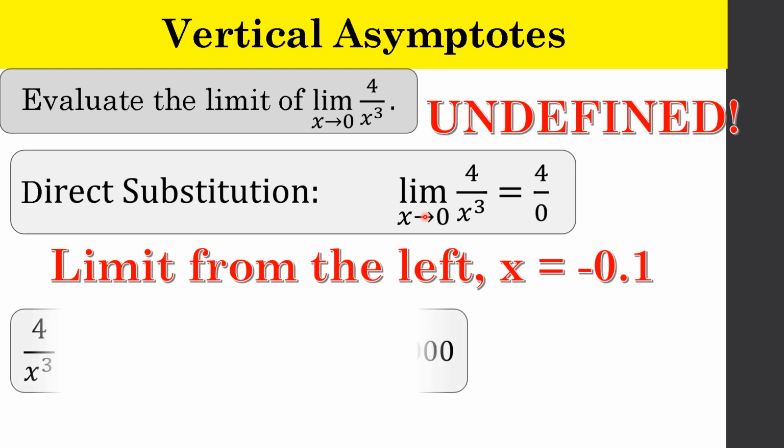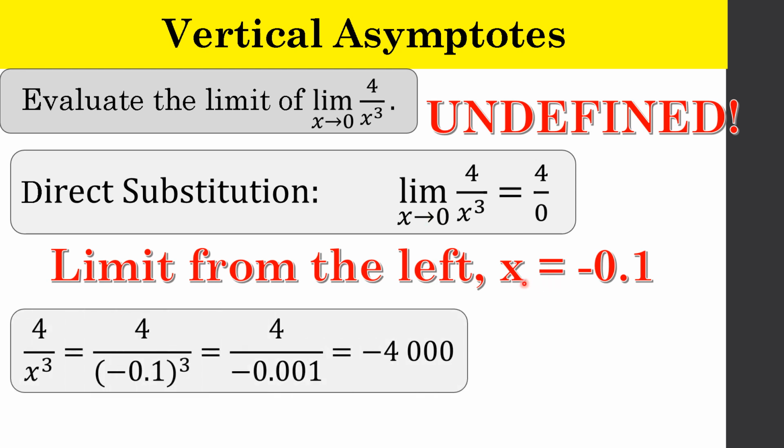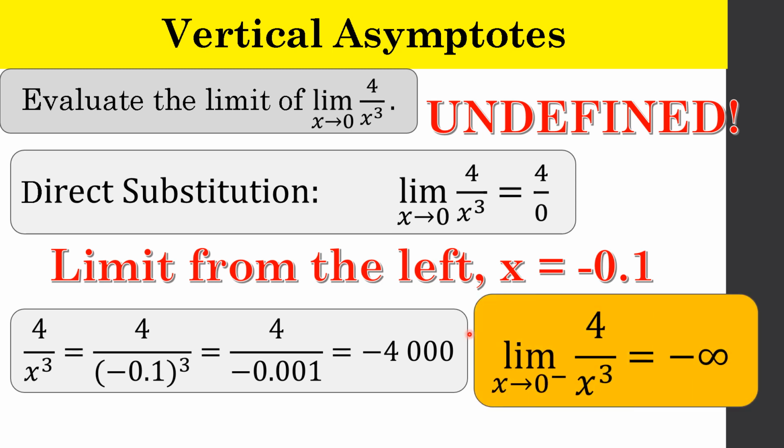Okay? Then, by direct substitution, palitan lang natin yung x. So we have 4 over the cube of negative 0.1. Then simplify lang, okay, to come up with the quotient of negative 4,000. So yung sagot dito is negative 4,000. This means that from the left, the graph approaches negative infinity as x approaches 0.